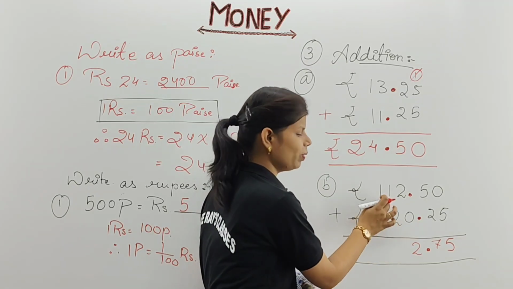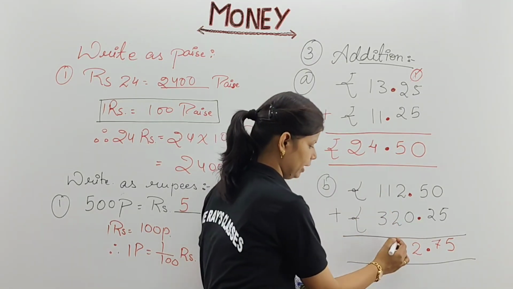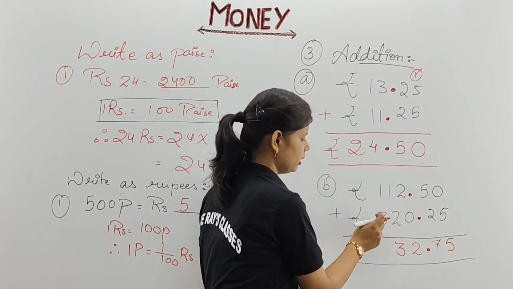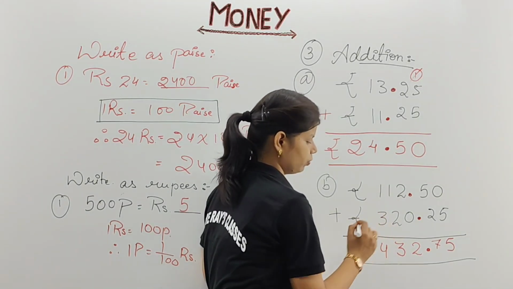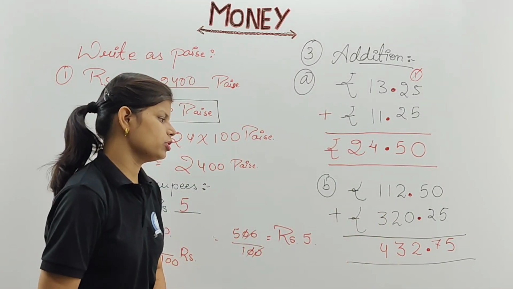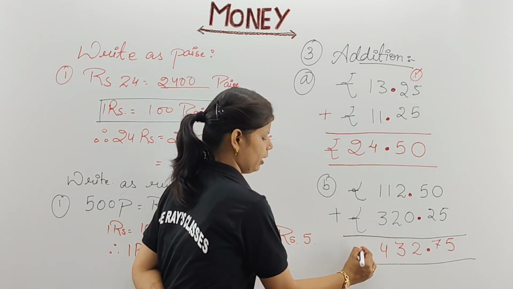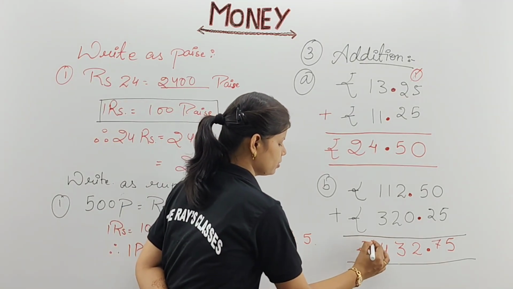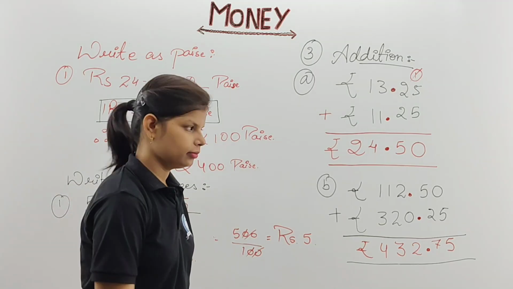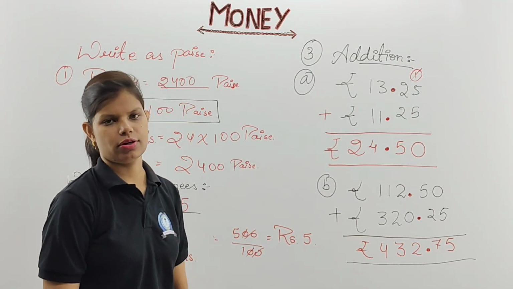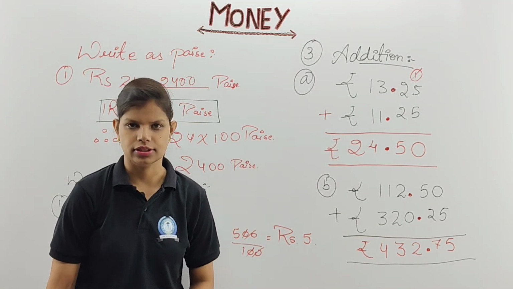Now 2 plus 1, well done, it's very easy for you to write. And 3 plus 1, we are having 4. Our answer is first 432.75, and here we are using the symbol of addition. Clear? This is the first operation which we are going to use, that will be your addition.